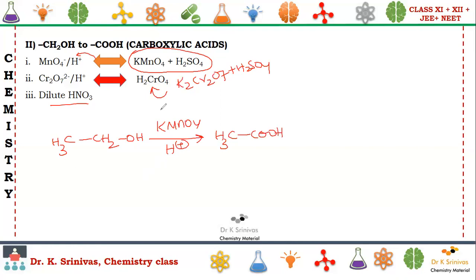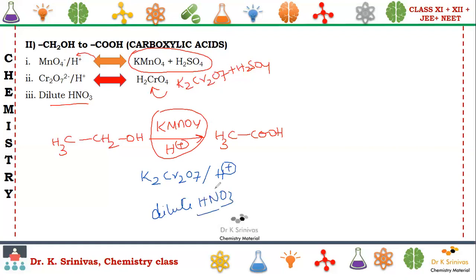Instead of potassium permanganate, we can also use K2Cr2O7 in acid medium. Otherwise, we can also use dilute HNO3, nitric acid. This will convert primary alcohols to the corresponding carboxylic acid.